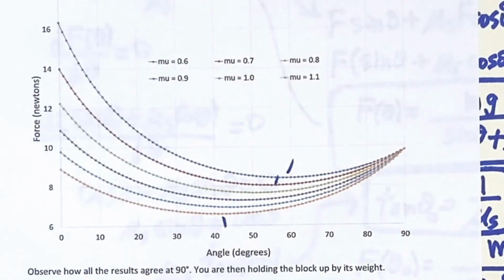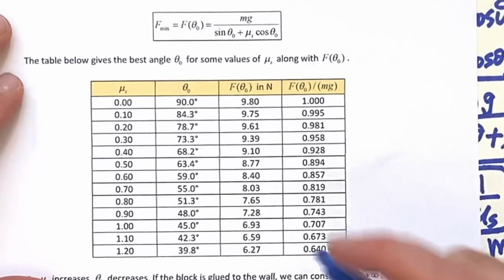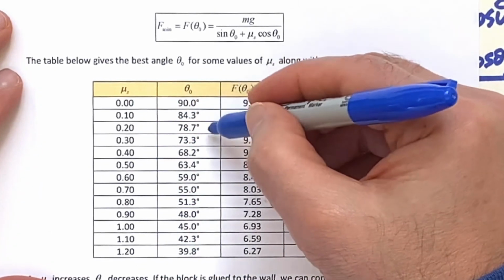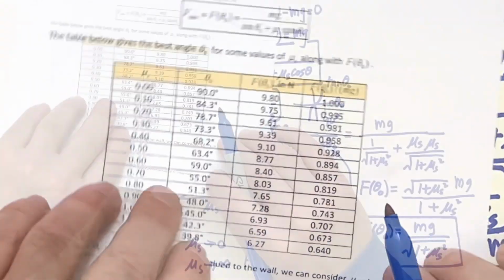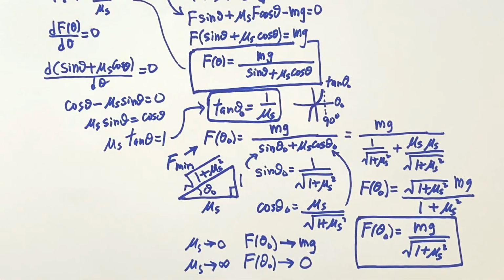As the mu's get bigger and bigger, you're shifting, and that's what we looked at here. When the mu gets bigger and bigger, the angle shifts downward. Very nice. Nice problem. I thank the good professor for putting that up on the internet. Nice exercise.